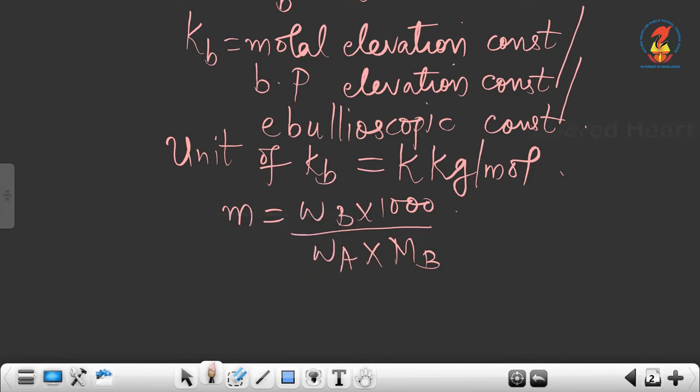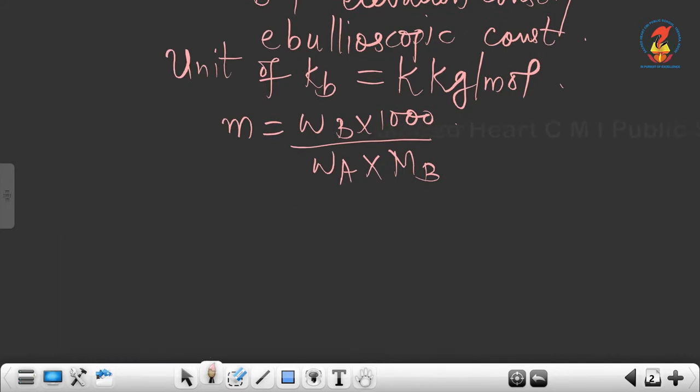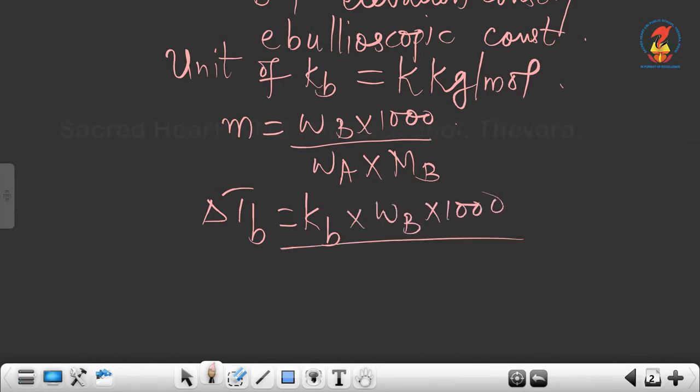Substituting this in equation number 1, delta TB is equal to Kb into Wb into 1000 divided by Wa into Mb.